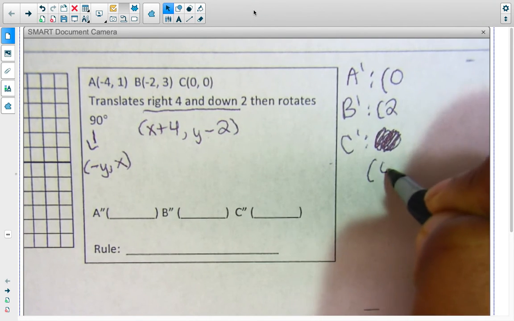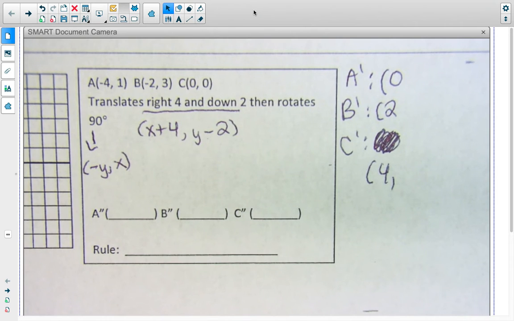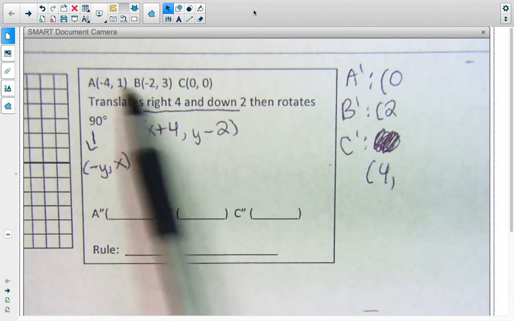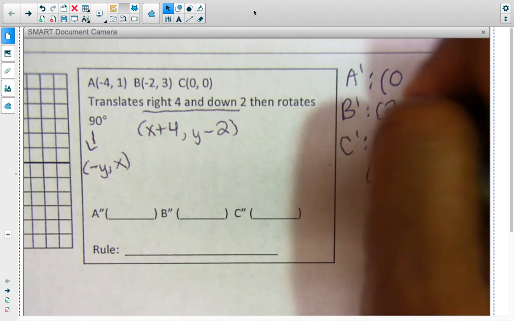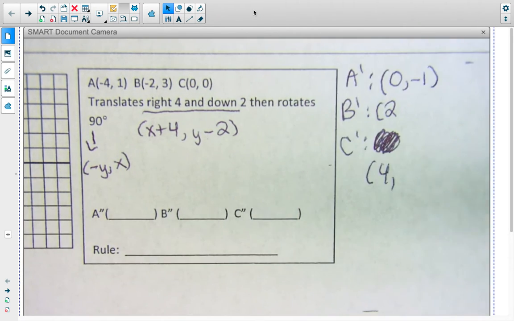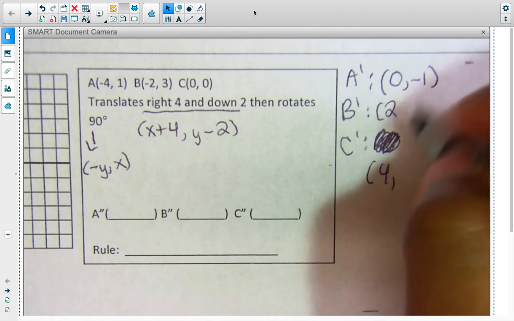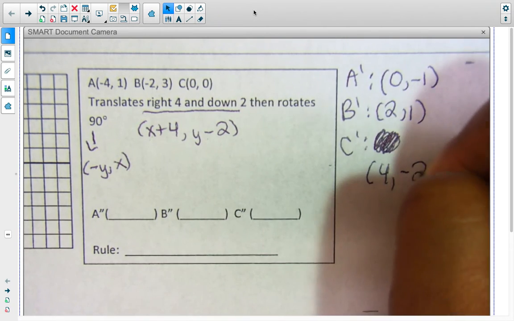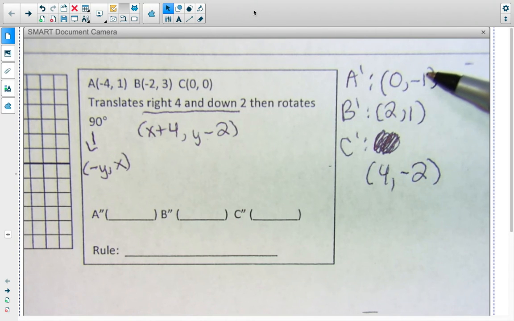And 4. There we go. Then I'm going to take the y minus 2 and plug in my y coordinates. So 1 minus 2, 3 minus 2, and then 0 minus 2. So these are our A prime, B prime, and C prime.